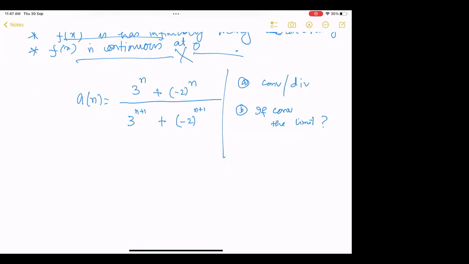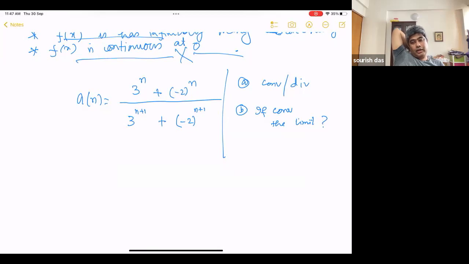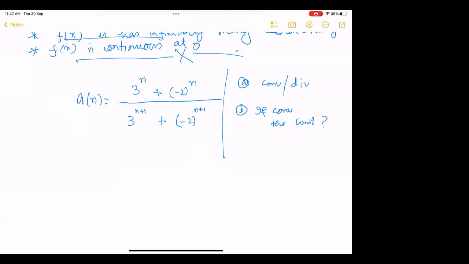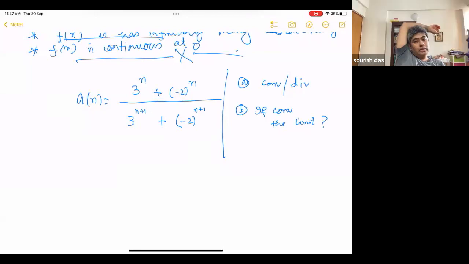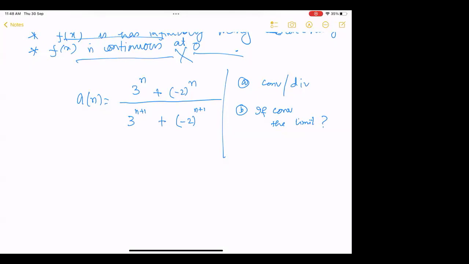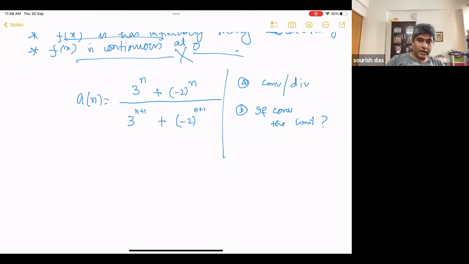We divide the whole expression, numerator and denominator both, by 3 power n. That will make 1 plus (minus 2 by 3) to the power n in the numerator, and in the denominator, 3 plus (minus 2 by 3) to the power n into minus 2.